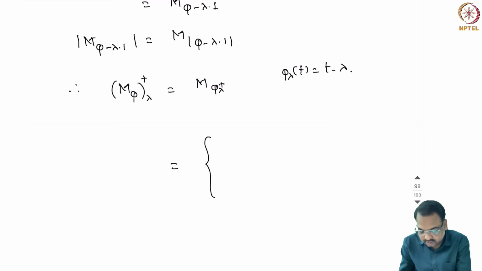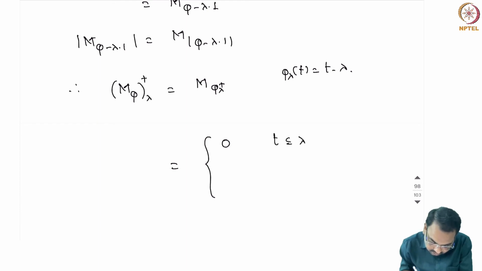Whenever lambda is bigger than t, then t minus lambda is negative. In that case you will get 0 when t is less than or equal to lambda, and you will get t minus lambda when lambda is smaller than t.